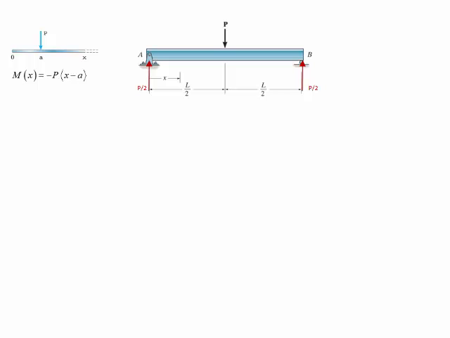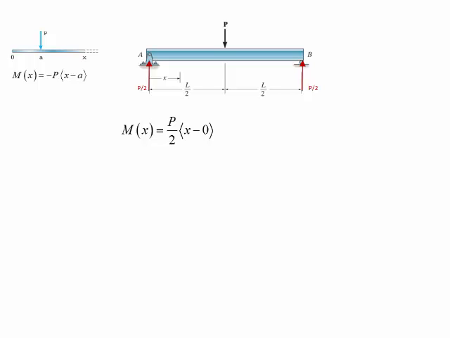So based on that Macaulay function, let's write the equation of the bending moment for this beam. The first load that we have is that of the reaction at A. Following the same formula as on the top left, the load is going upwards, so it would be positive. The magnitude of the load is P over 2, and then we have the Macaulay function of x minus the coordinate where that force is acting, which is x equals 0.